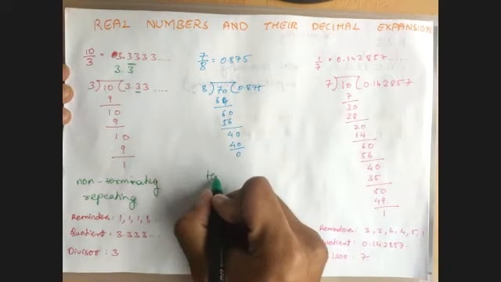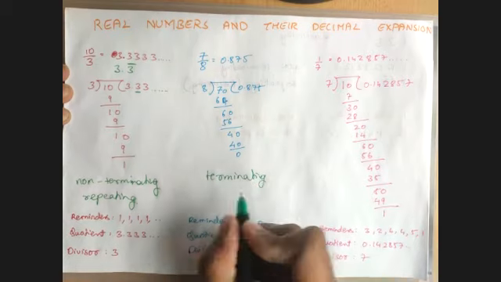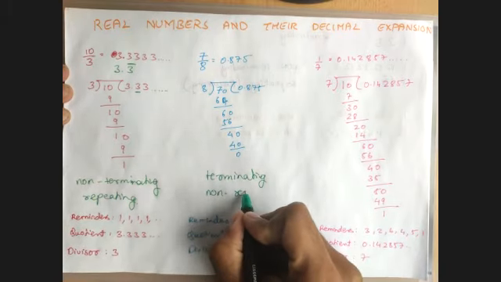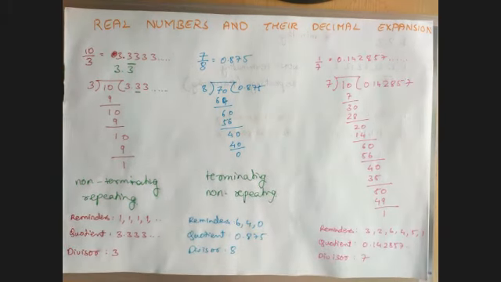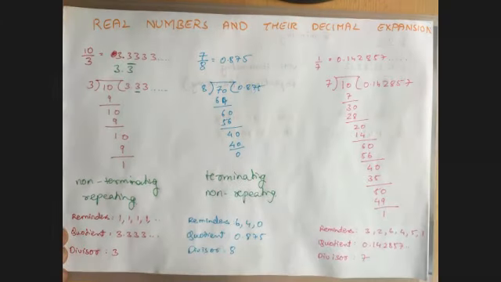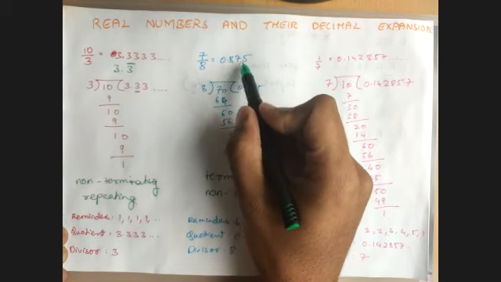So this is a terminating quotient and it is non-repeating. Here we get a 0 remainder at the last, and 875 is the last.